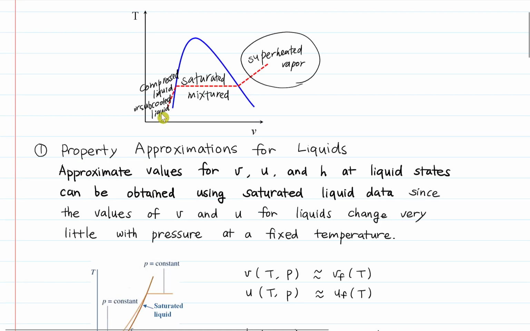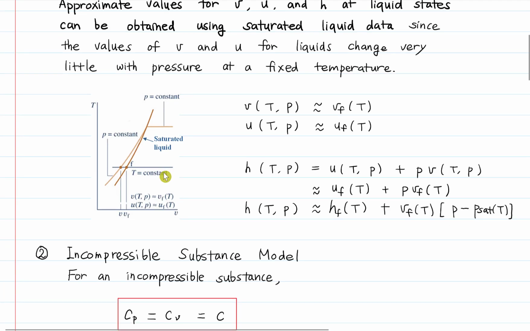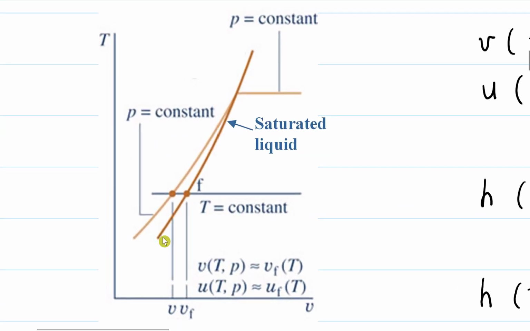On the T-v diagram, the red dotted line is the constant pressure line, and this is the compressed liquid, or subcooled liquid, region. Let's take a closer look at this area. This is the saturated liquid line, and this is the constant pressure line.